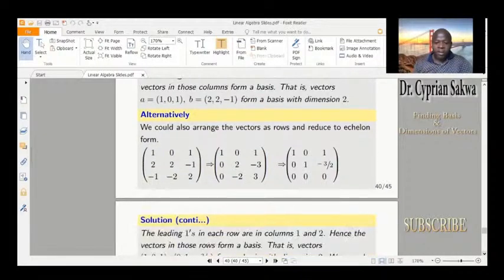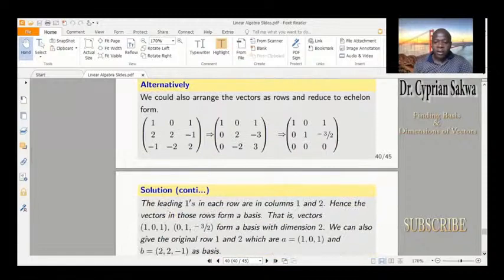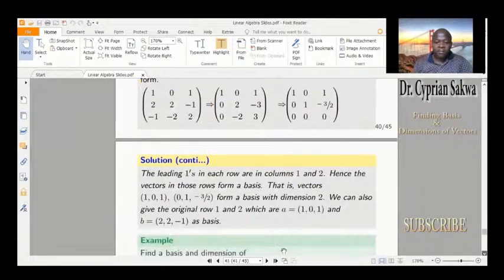The other way, if you arrange the vectors in rows, the other way that we would come up with a basis is that after identifying the leading ones as this one and this, and then column 1, column 2, and I've already said that the vectors in those rows form a basis. So I can take this vector A and vector B to be the basis.